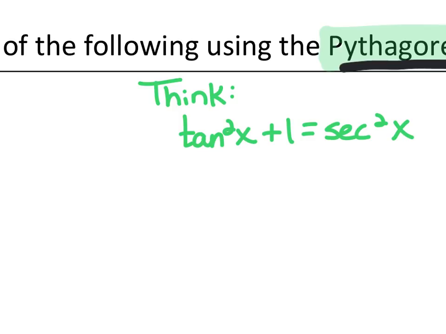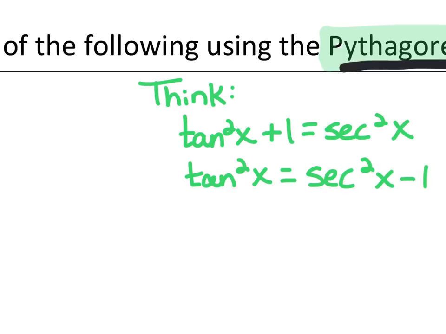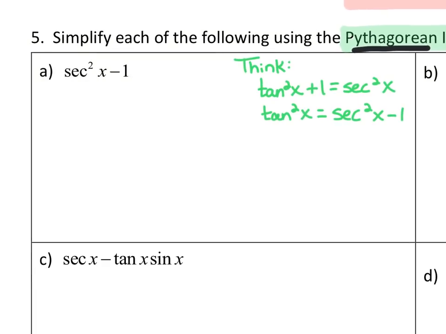And if you rearrange this and make it a subtraction problem by subtracting 1 from both sides, you end up with tangent squared is equal to secant squared of x minus 1.